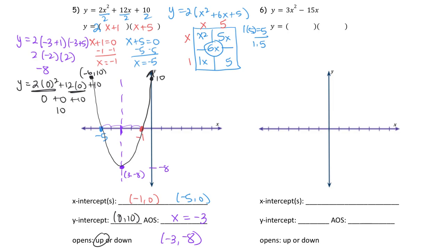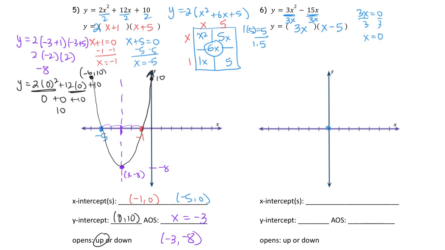In our last example over here, y equals 3x squared minus 15x. If I look here, I have greatest common factor of 3 for the numbers and x for my variables. So when I divide out a 3x, what's left over is just x minus 5. So I can set my factors equal to 0. So 3x equals 0. If I divide both sides by 3, I get x equals 0.